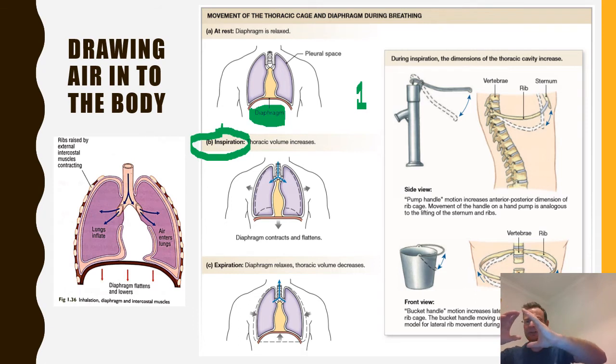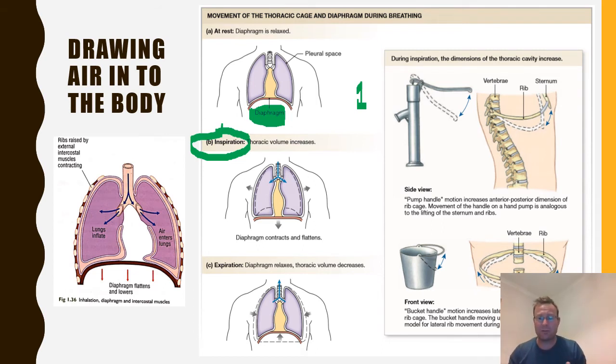So we increase the volume and it decreases the pressure. So now the pressure inside the lungs is less than it is in atmospheric air, so it rushes in to fill the alveoli. When the two pressures are equal, that's when your in-breath stops.